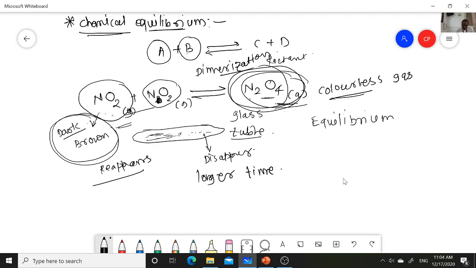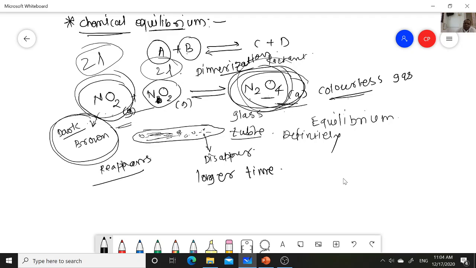Now, what is the question? This is only one gas. Suppose this is 2 liter gas and this is 2 liter gas, and if we keep it in the evacuated glass tube, there is definitely a formation of N2O4. This 2 plus 2, equal to 4 liter, was the original concentration.